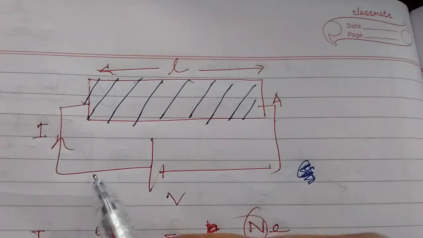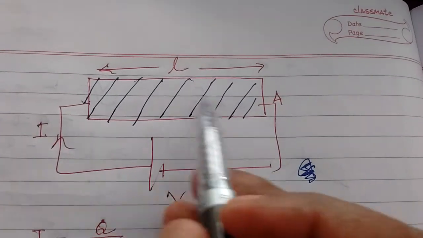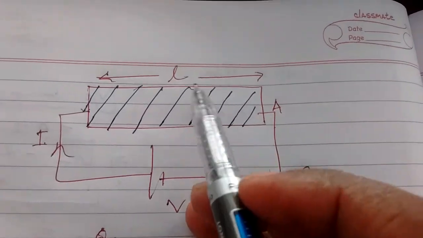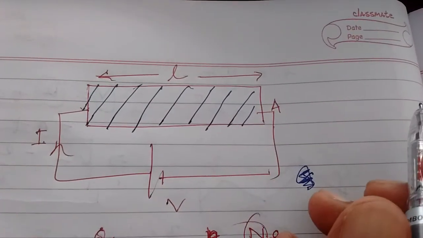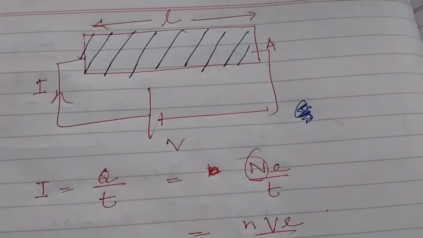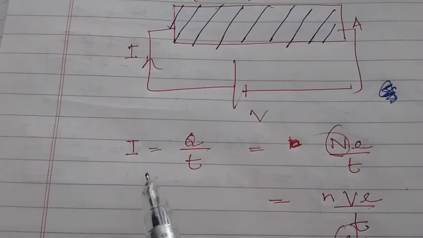If potential is applied, then there will be current passing through this conductor. Okay, now L is the length of this conductor and A is the area of cross section of this conductor. So what is the expression for current?